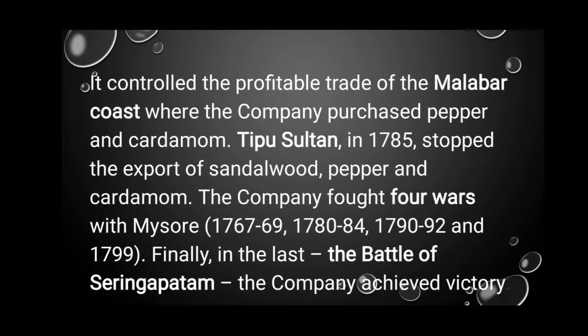The first war was between 1767 and 1769, then 1780 to 1784, then 1790 to 1792, and the last in 1799. In the last war, the Battle of Seringapattanam, the company achieved victory.